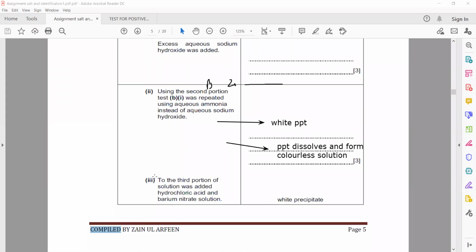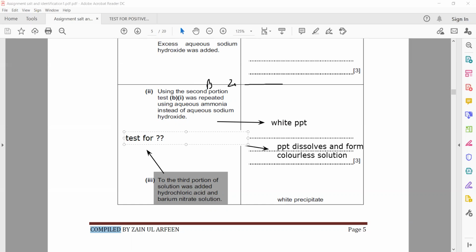In part 3, to the third portion of the solution was added hydrochloric acid and barium nitrate. First, you have to identify what this test is for. Test for which ion?